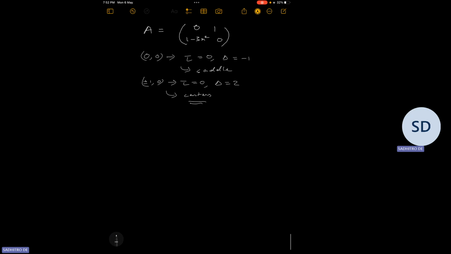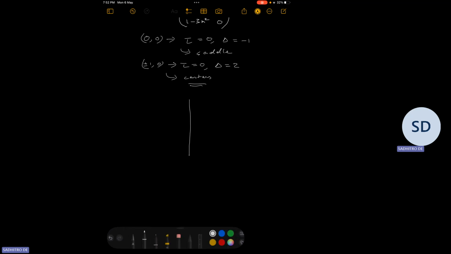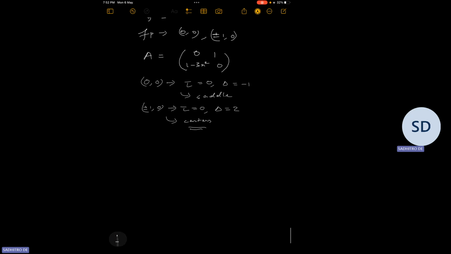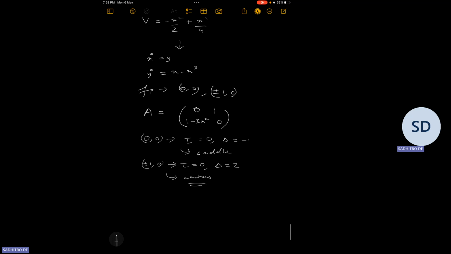So this is an important point one should make note of. And if that is the case, then the phase portrait of the system would look somewhat like this. But before drawing the phase portrait, since we saw the origin was a saddle point, it is better to first find the stable and unstable eigendirections corresponding to the origin.